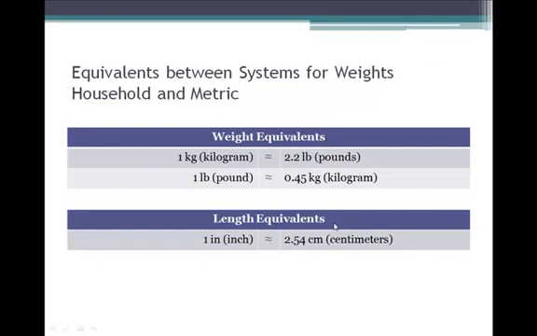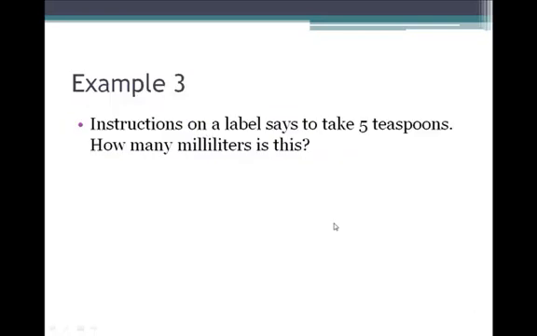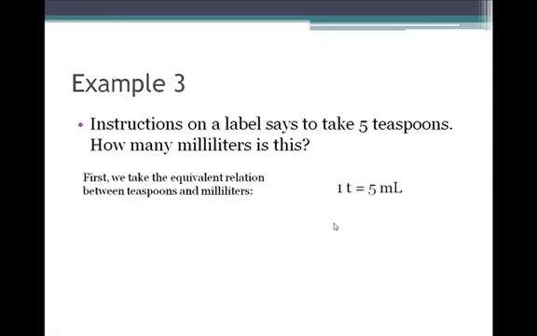Here's some more equivalences in weights and lengths. Let's take another example, and we want to convert 5 teaspoons into milliliters. So we find the relationship between teaspoons and milliliters. So 1 teaspoon is approximately equal to 5 milliliters.